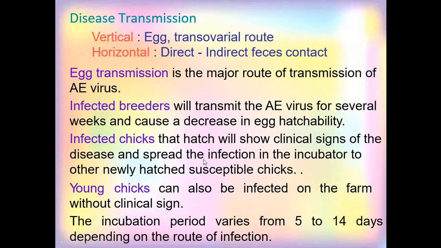And then the infected chick will show clinical signs, in particular paralysis, and it also causes the infection to spread, so most of the day-old chicks become infected. However, chicks can also be infected without any clinical signs, and the incubation period is very short, around 5 to 14 days.